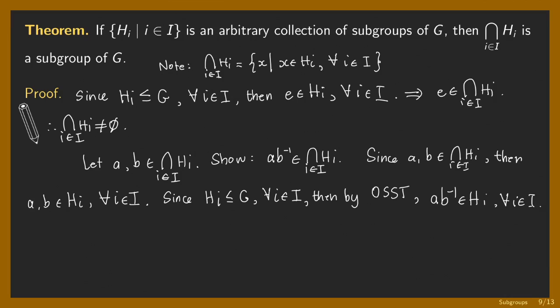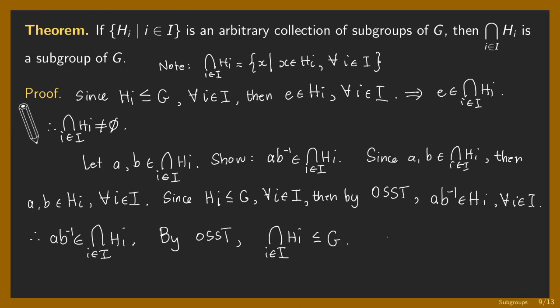As a conclusion, AB inverse is in the intersection. We're done. Again, by OSST, or the one-step subgroup test, the intersection has to be a subgroup of G. Finished.